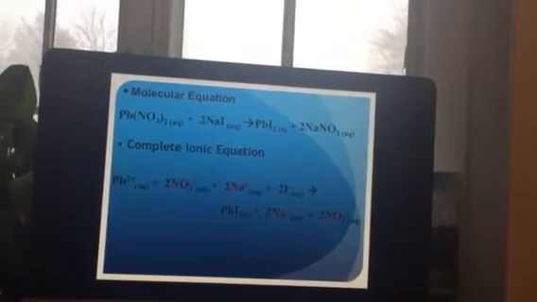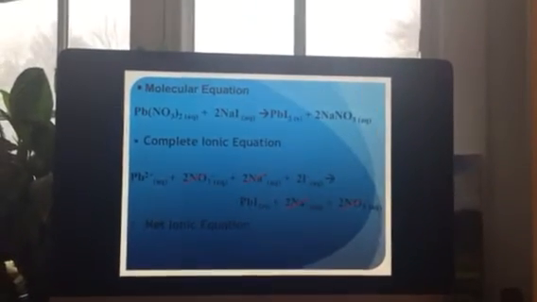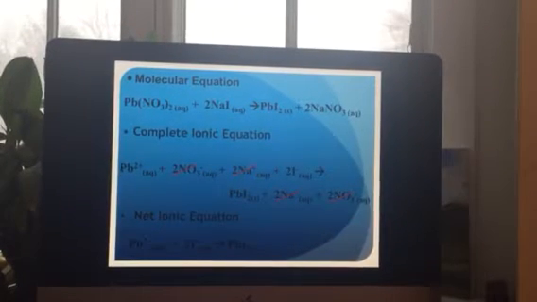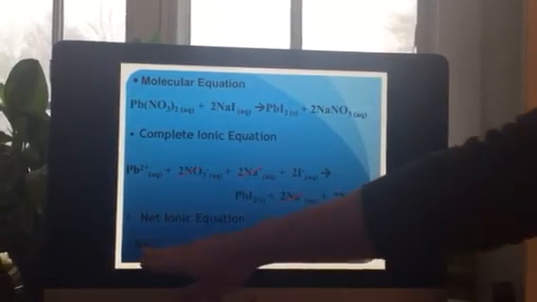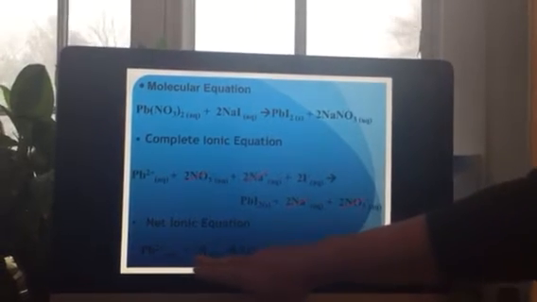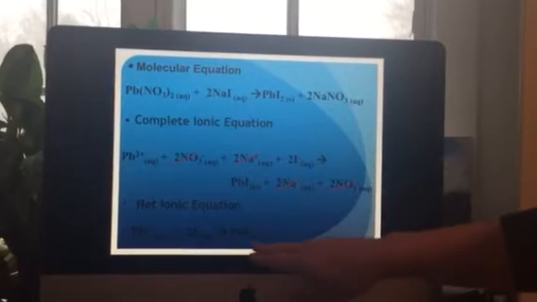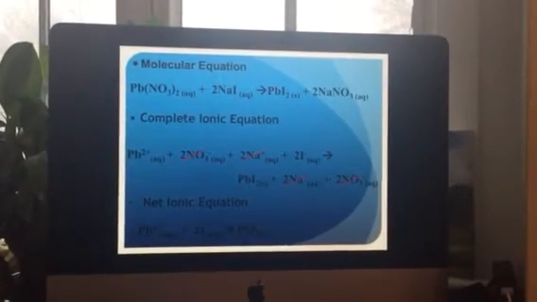We can then write a nice and neat net ionic equation that only involves the ions involved in the reaction: my lead +2 and my 2 iodide ions forming my lead iodide. And it should be balanced.